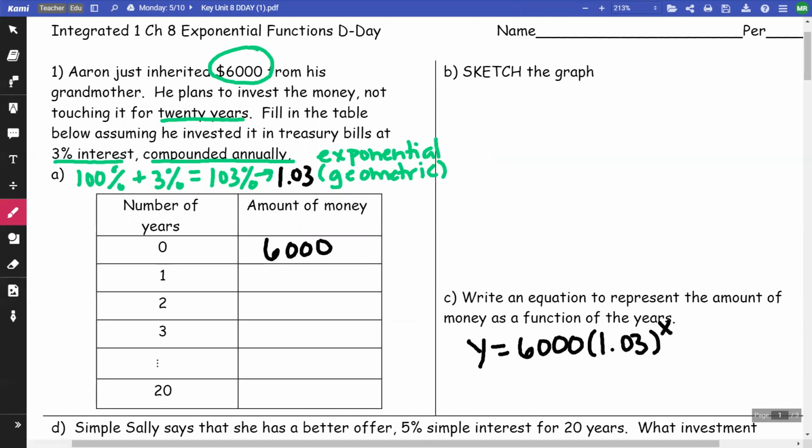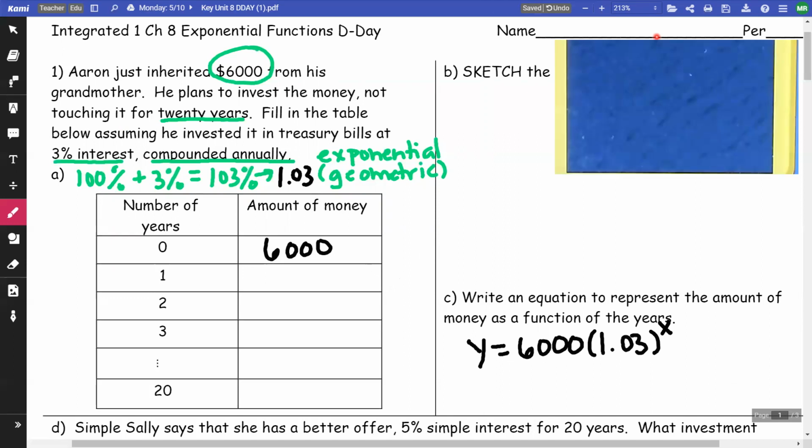That's our equation. So if we go back to the table, we can continue to multiply 6,000 by 1.03, and the next one by 1.03, and so on. Or we can put it into our graphing calculator and generate a table there.